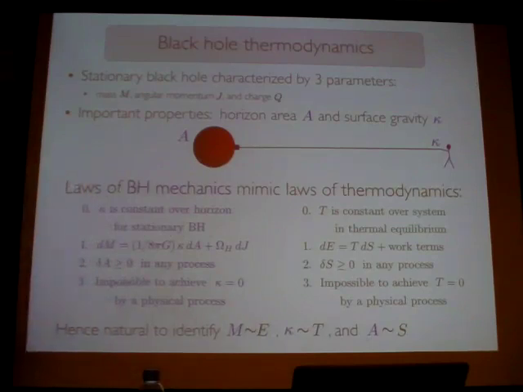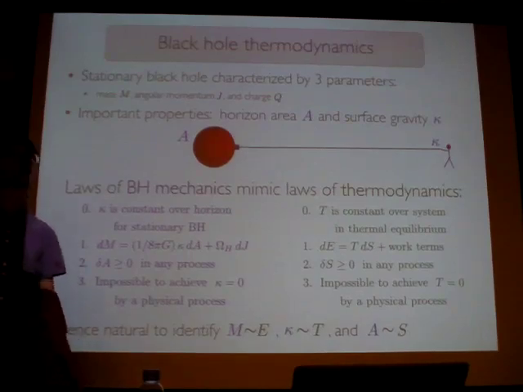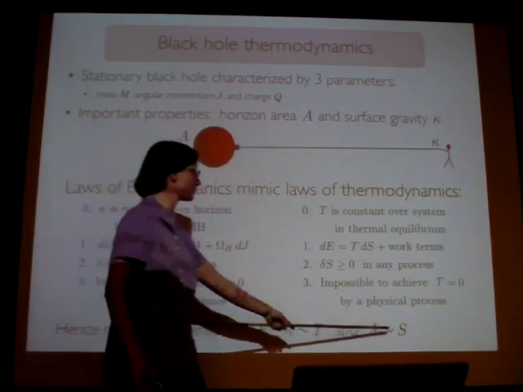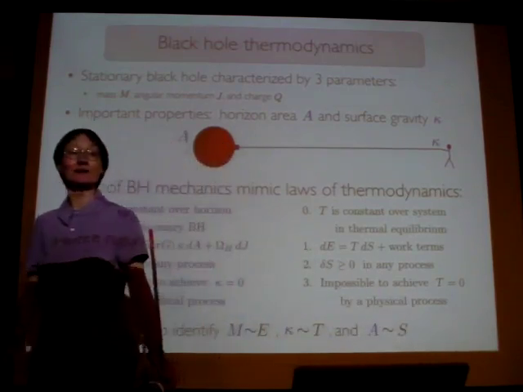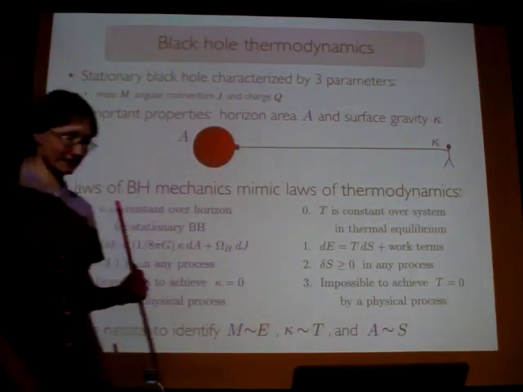Now that might seem very odd because I said nothing can escape from a black hole, so how can it possibly have any temperature? How could it radiate? And moreover, if black holes are described that simply, how could they possibly have any entropy? Well, the answer is supplied by quantum mechanics.